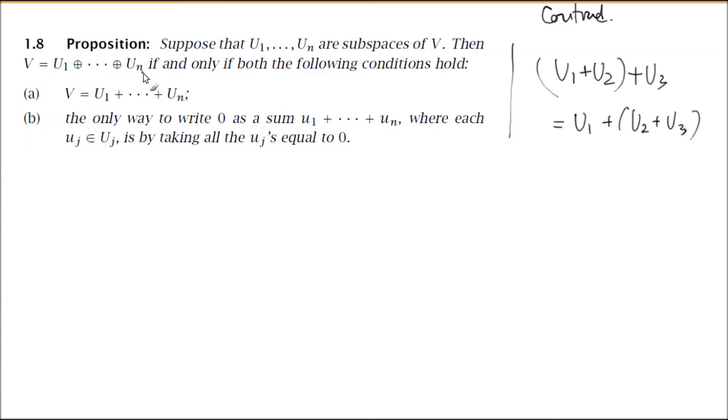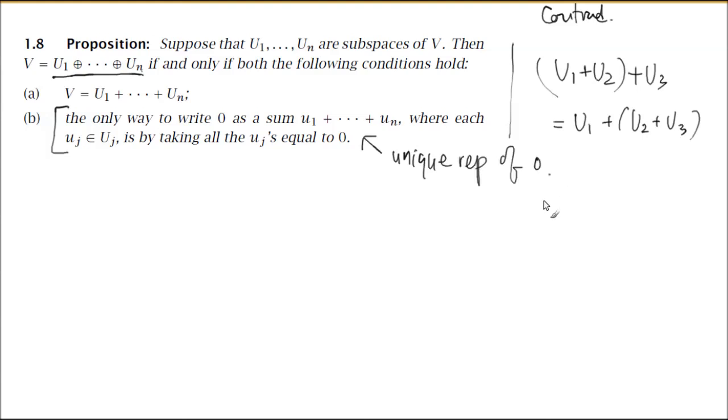When is that a direct sum? Of course, we started with that, so this is an important part. They're saying the only way to write 0 as a sum of u1 plus through un is when each individual uj is 0. If each individual element is 0, plus 0, of course it's 0. They're saying that's the only way to write 0. So this is the unique representation of what element? 0.